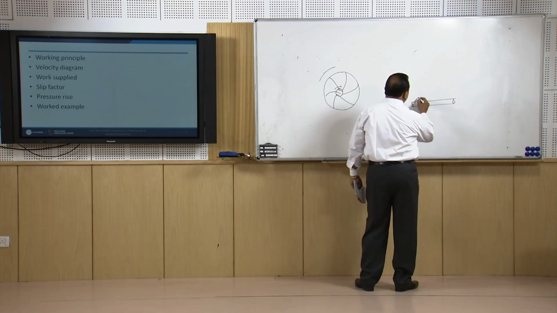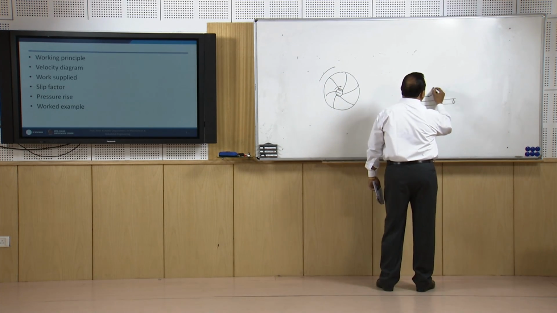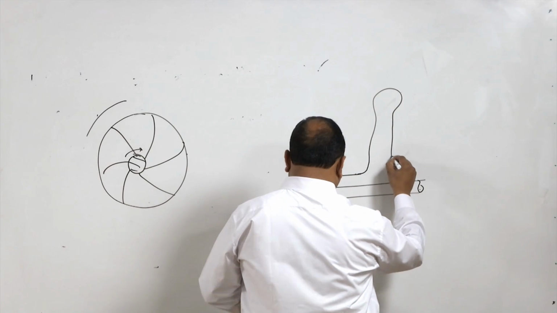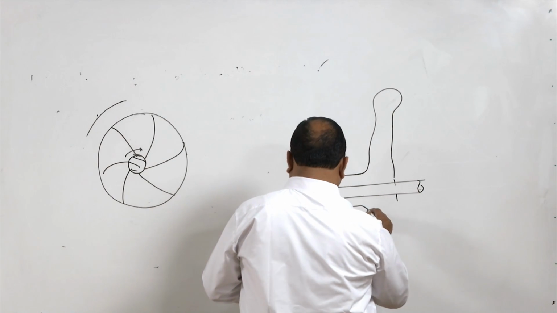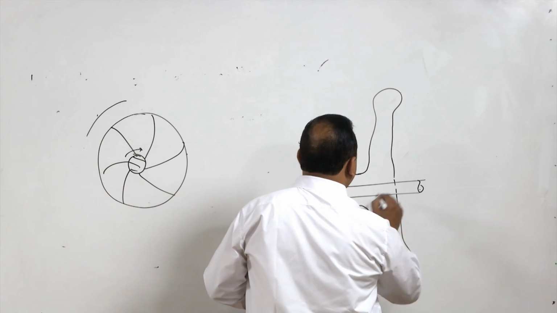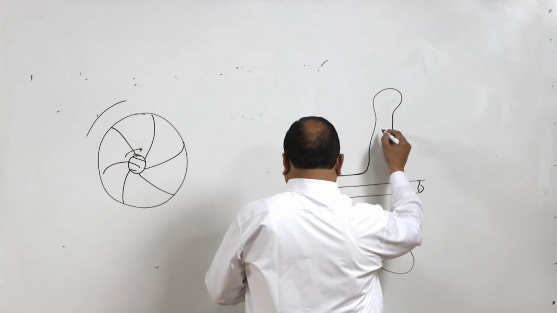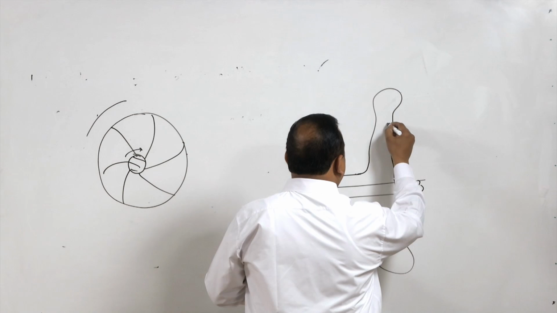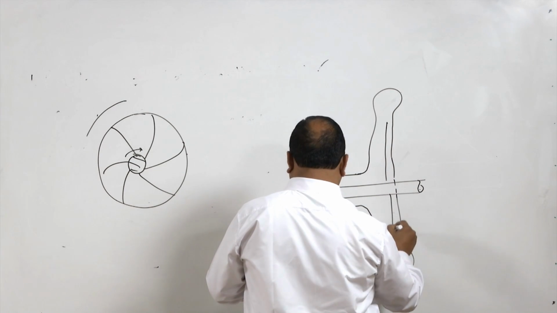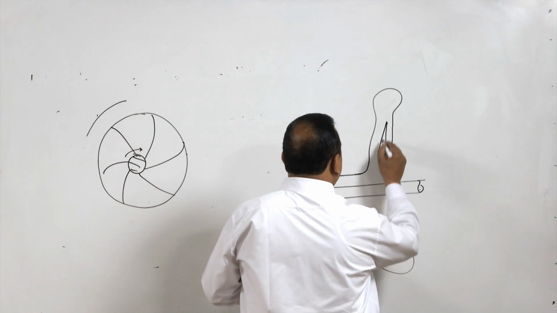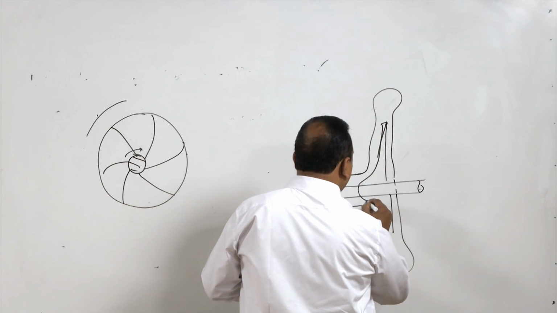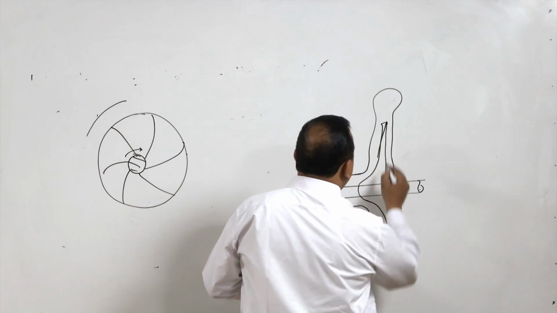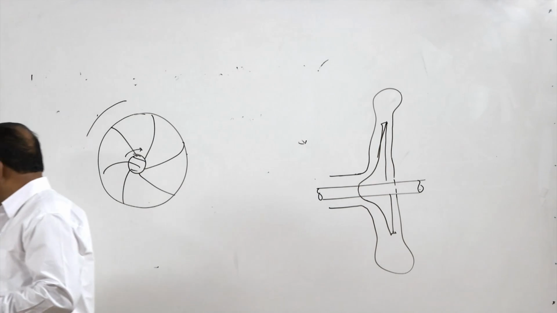I will draw the end diagram also. It is something like this. There is a housing, inside the housing there is an impeller, and the impeller is having the vanes.